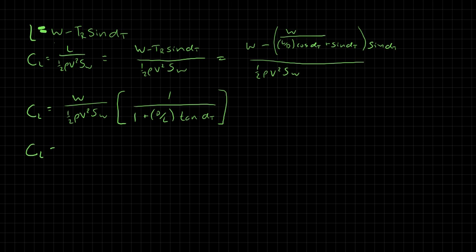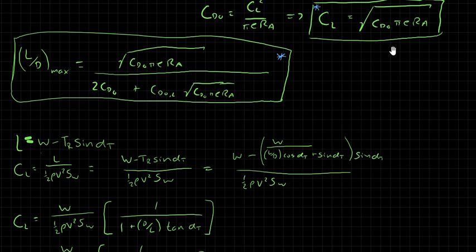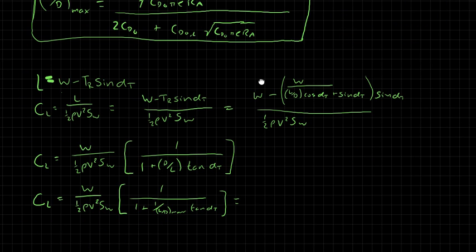Okay, so CL equals weight over 1/2 rho V squared SW times 1 over 1 plus, and so this is just going to be 1 divided by L over D max, which we know, tangent of alpha t. And we know that this CL is equal to the CL we found up here, which is square root of CD naught pi ERA.